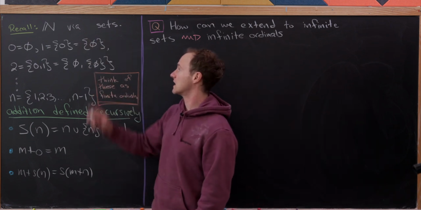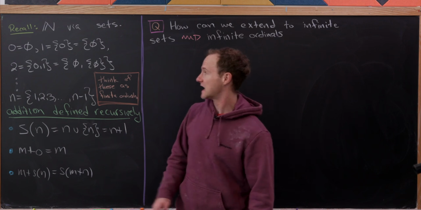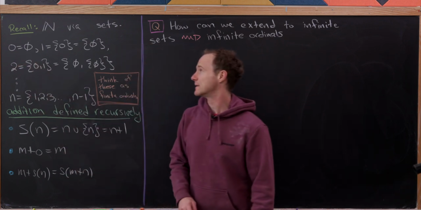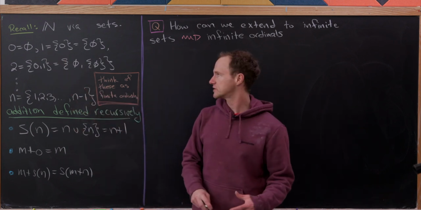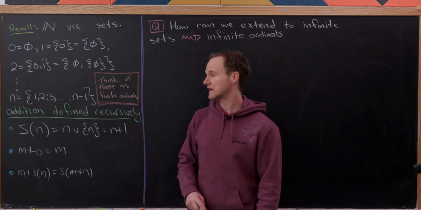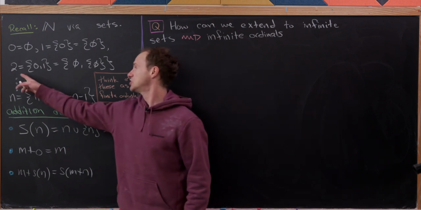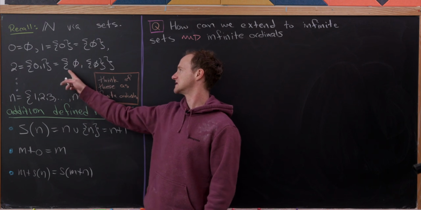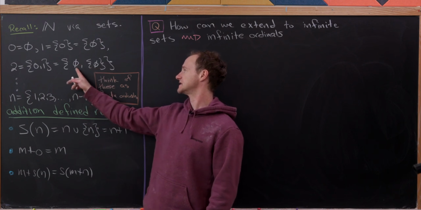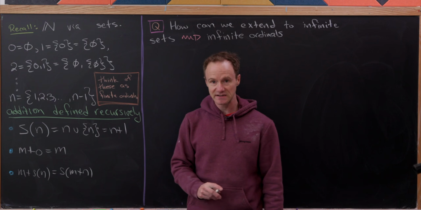So we can make natural numbers via sets by 0 is equal to the empty set. 1 is the set containing 0, which is of course the set containing the empty set. And then 2 is going to be the set containing 0 and 1, or as sets, this is the set containing the empty set and the set containing the empty set.